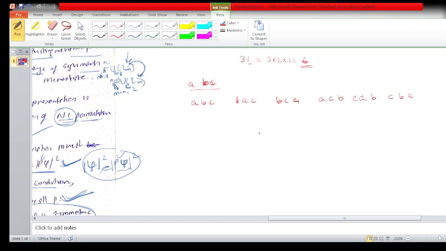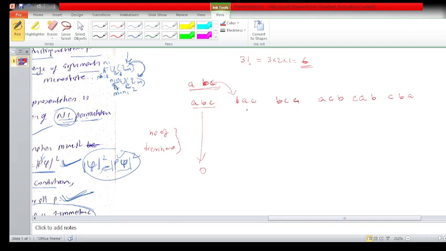Okay, and for this case, if you consider the number of transitions from ABC to ABC, how many transitions are there? 0. The number of transitions will be equal to 0. From ABC to BAC, how many transitions are there?